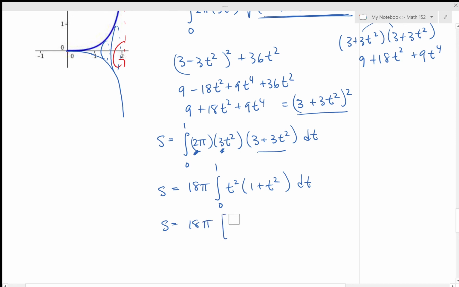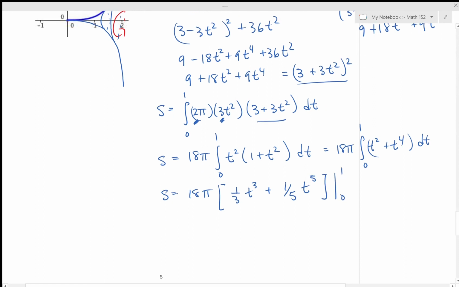Now I can expand that 18 pi. Maybe I'll do it in 2 steps. 18 pi, integral from 0 to 1. I distribute the t squared. And I get this 18 pi, and then I can integrate: 1/3 t cubed plus 1/5 t to the 5th, evaluated at 0 and 1, and I get S is equal to 18 pi times 1/3 plus 1/5.